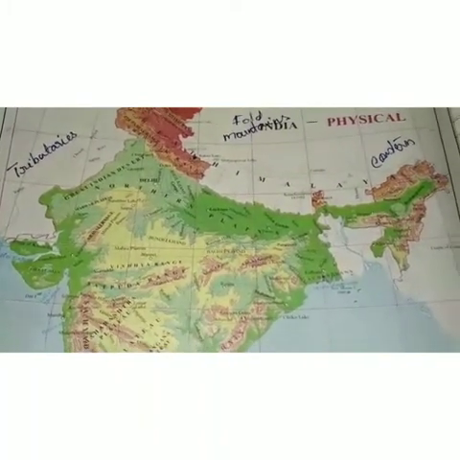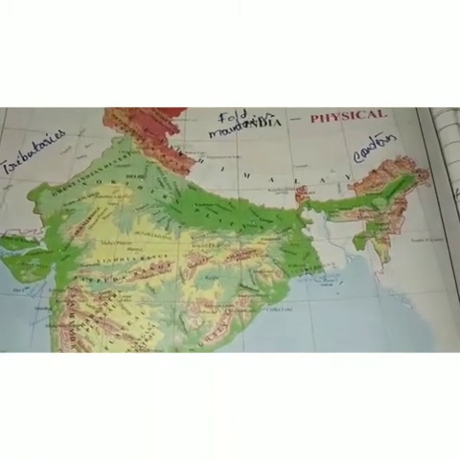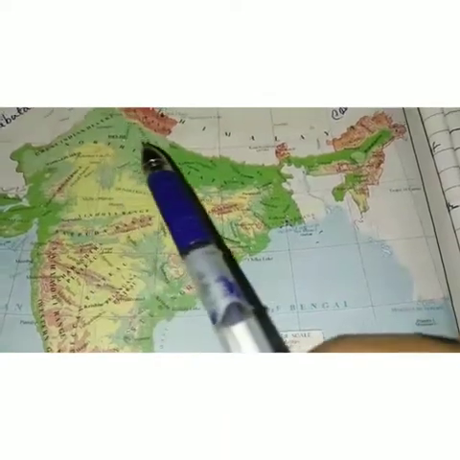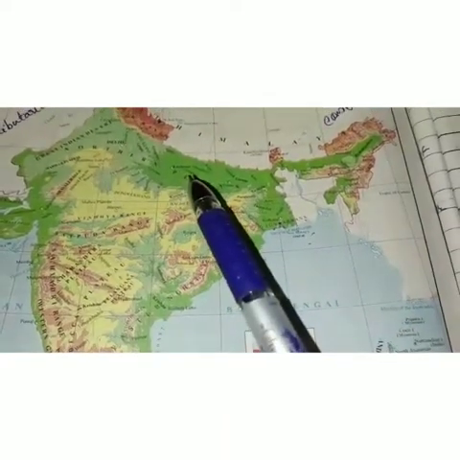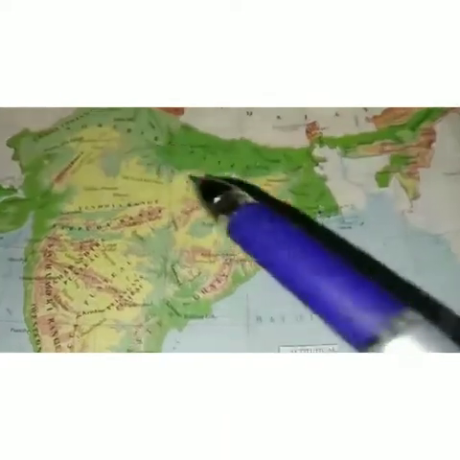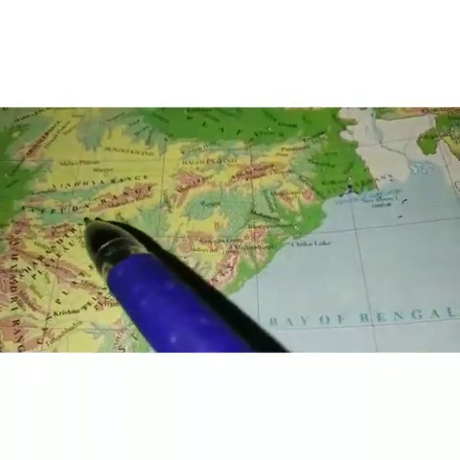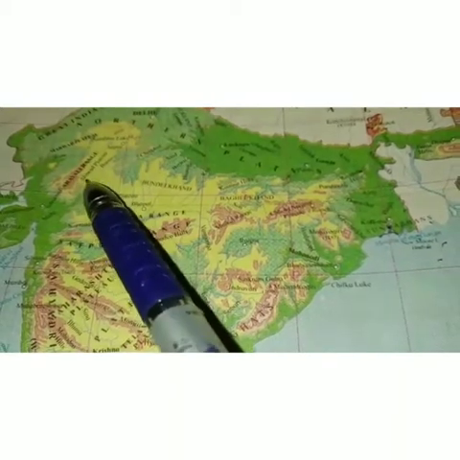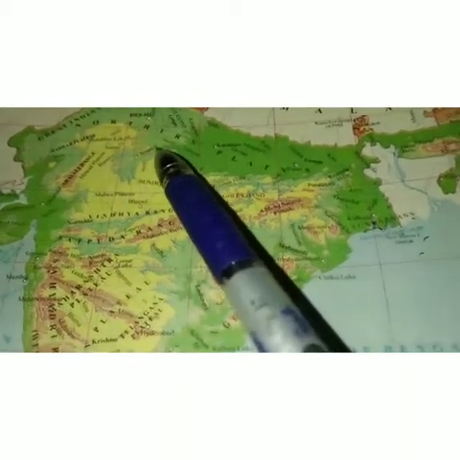The North Indian plains are divided into two parts, the part towards the west and the part towards the east. The part that is towards the east of the Aravalis lies in the river Ganga basin.